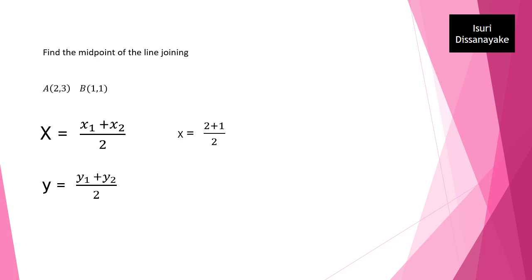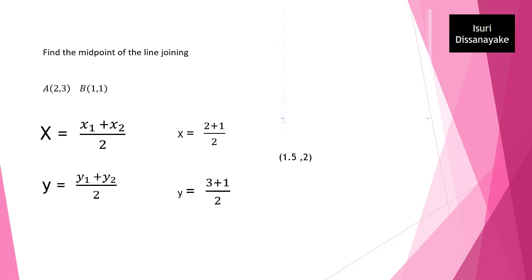We add the 2 y coordinates and we divide it by 2. So here given 3 plus 1 divided by 2. So the answer is (1.5, 2). So the midpoint of the line which joins A and B is (1.5, 2).